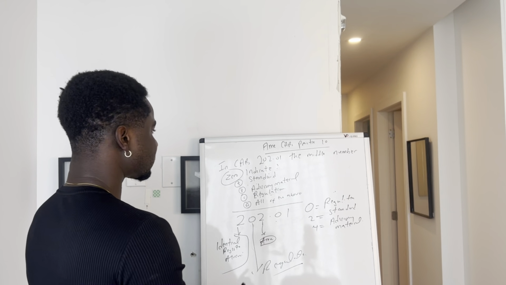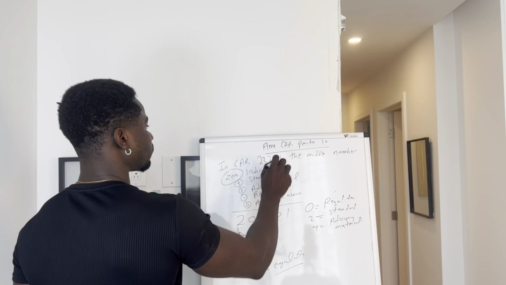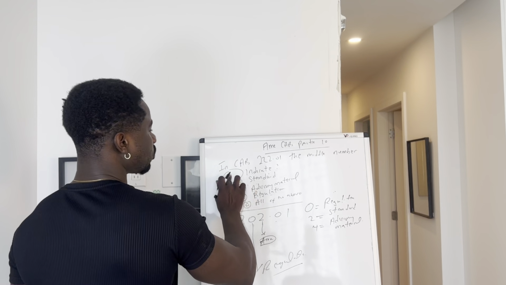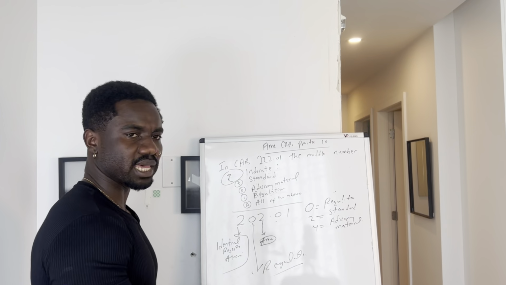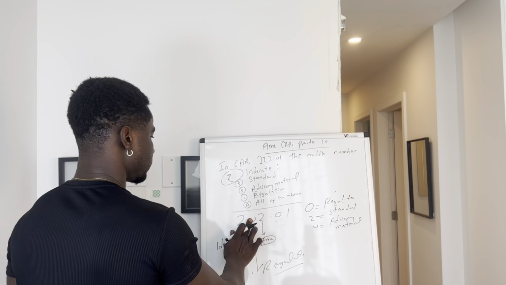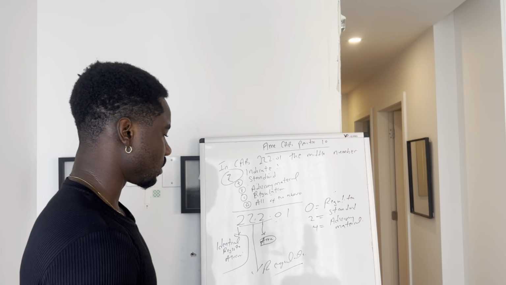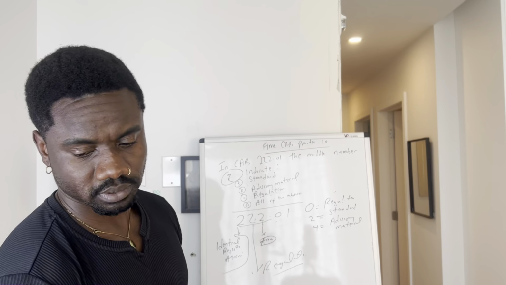Well, let's say the question says CARs 222, for example. The middle number 2 indicates, we know the middle number 2 is going to be a standard. So if it's 222, the middle number is going to be a standard.